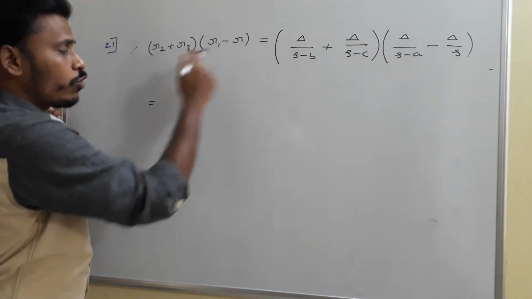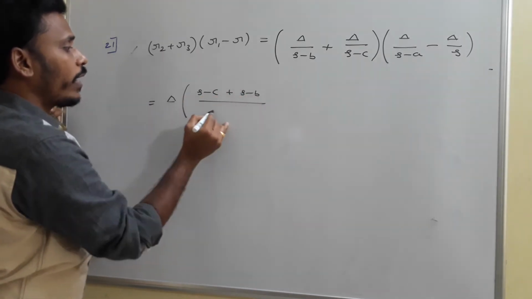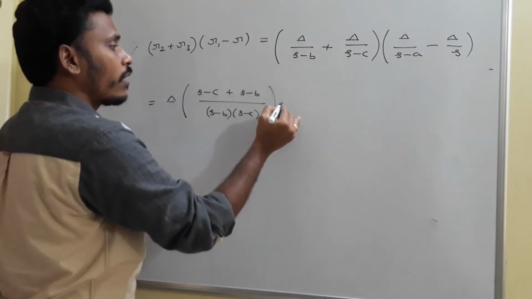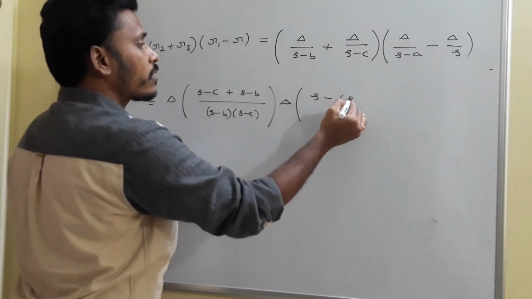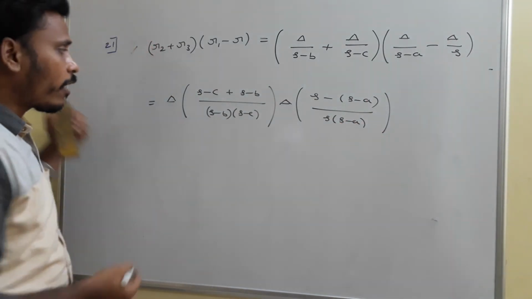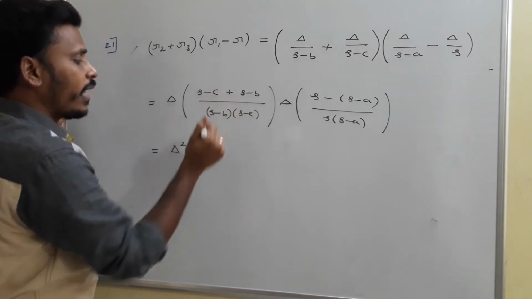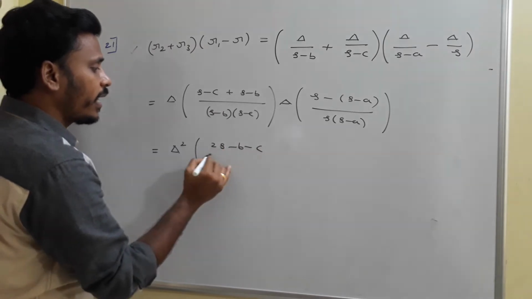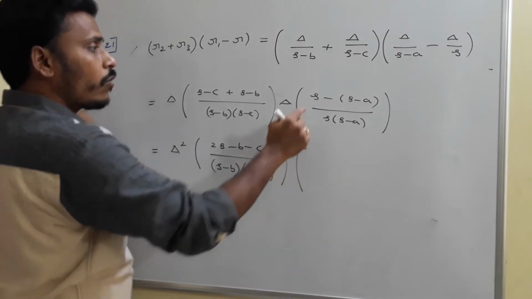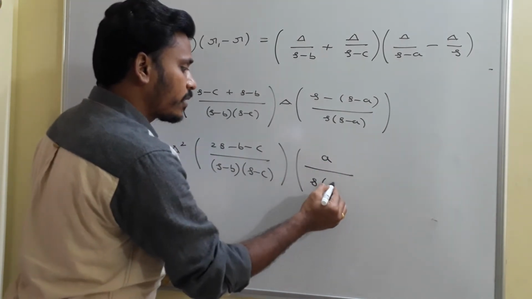From the first bracket you take delta common, and in the bracket S minus C plus S minus B divided by S minus B into S minus C. In the second bracket again you take delta out, and in the bracket S minus of S minus A divided by S into S minus A. On further simplification, this is equal to delta into delta is delta square, S plus S, 2S minus B minus C divided by S minus B into S minus C, and here S minus S will get cancelled, minus of minus is plus A divided by S into S minus A.